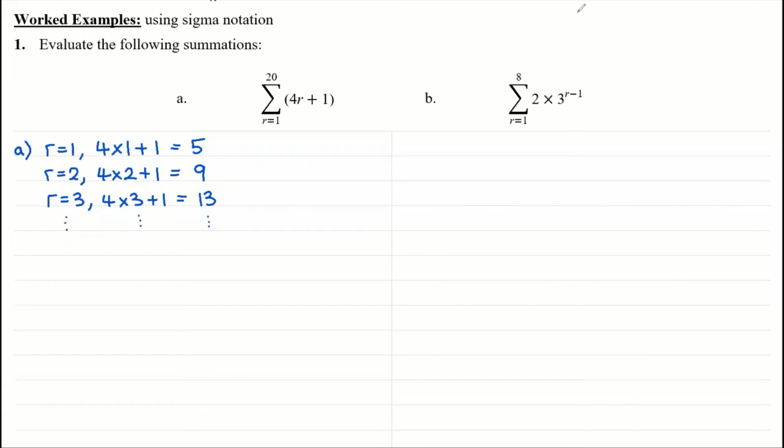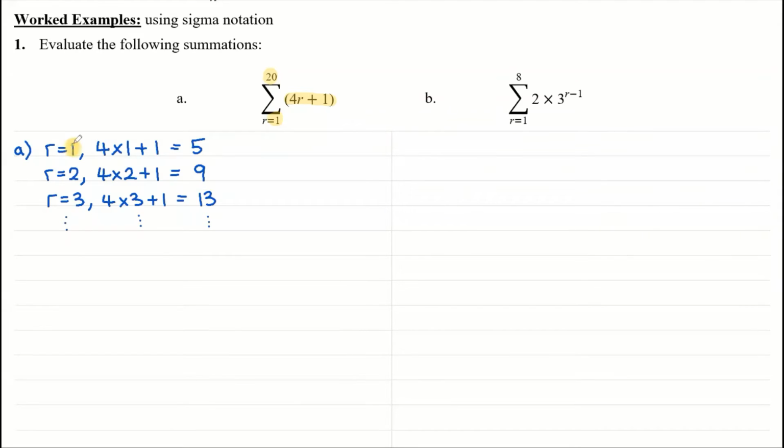Now, for worked example 1a, we're asked to sum 4r plus 1 from 1 to 20. So those are our lower and upper limits. Now, what I've done is I've just written out the first 3 terms of the series, just so we can see what's going on.